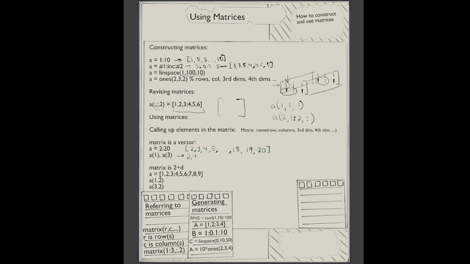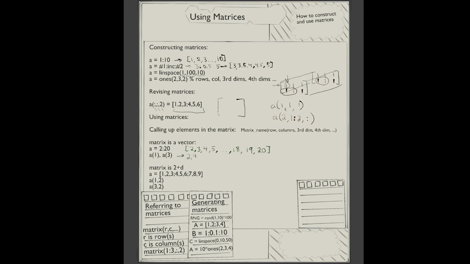That's because it only has a length. It doesn't have 2 dimensions, so you don't need to refer to the row and the column. You just need to refer to how far along in this matrix you want to look. And then when the matrix is 2D plus, you refer to however many dimensions you're caring about. So in this case, it's a 3x3 matrix.